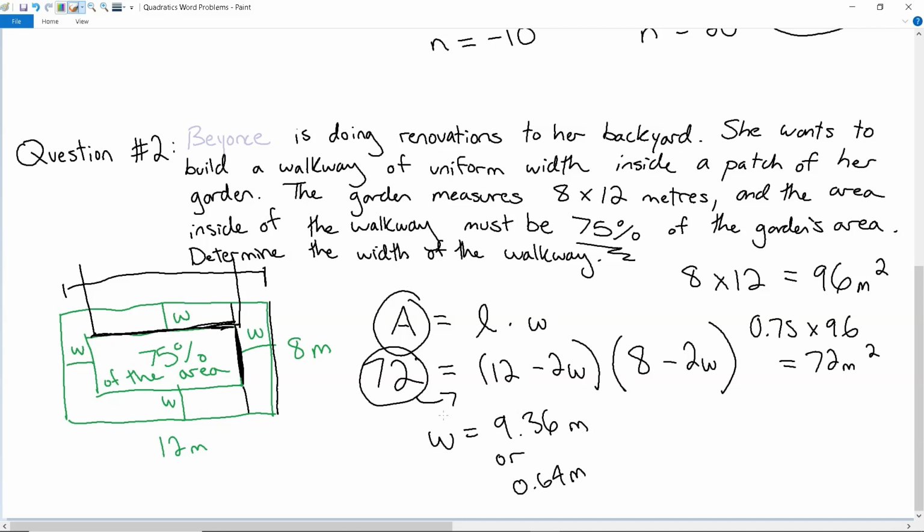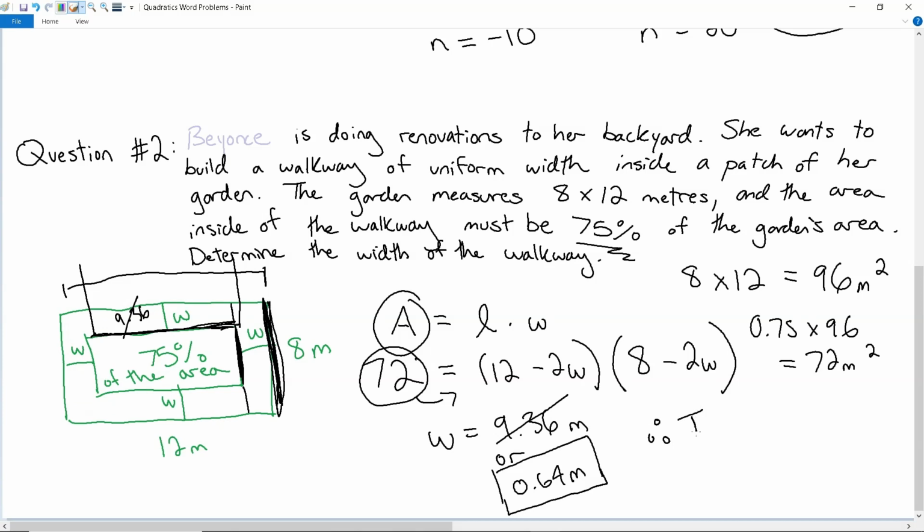Now, if you think about it, it can't be 9.36 meters, because if that were the case, the width of the walkway would be wider than the length of our original area, or one of the sides of our original area. So that can't work. That means that the only one that works in a realistic sense is 0.64 meters.